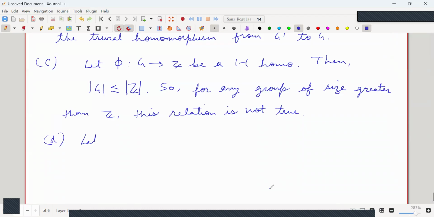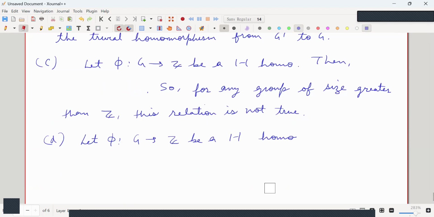Let phi from G to Z be a 1-1 homomorphism. Actually, we should not talk about order, since this is infinite.